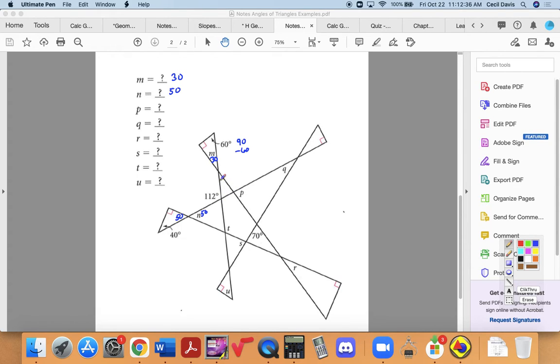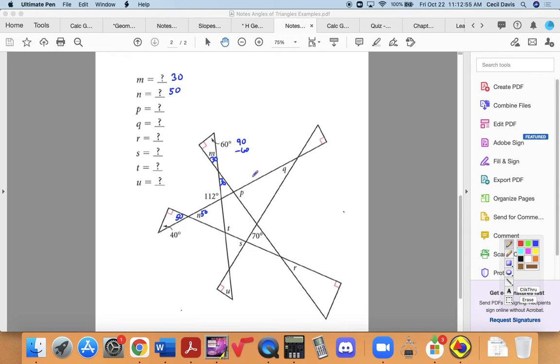How about I do this vertical angle is 30. And then we find the vertical angle to 112. How about I do this way faster? 112 minus 30. The exterior angle is equal to the sum of its two remote interiors.